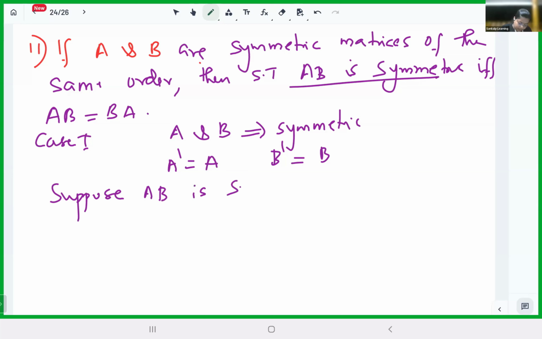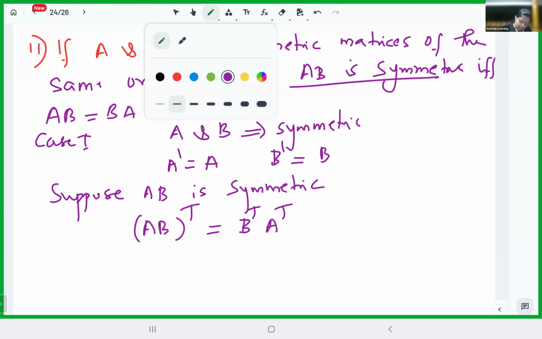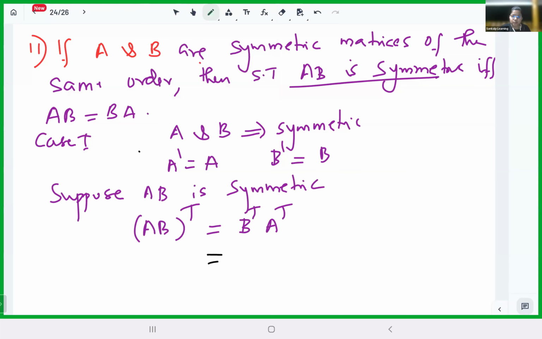And what about AB, the whole transpose? It can be written as B transpose A transpose, right? So this is the property of transpose. What is B transpose? It is nothing but B, because B is a symmetric matrix. And what is A transpose? A transpose is equal to A, because A is a symmetric matrix. So this is equal to BA, right?